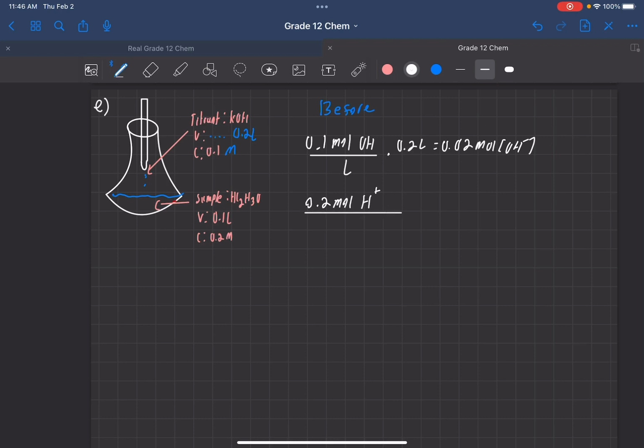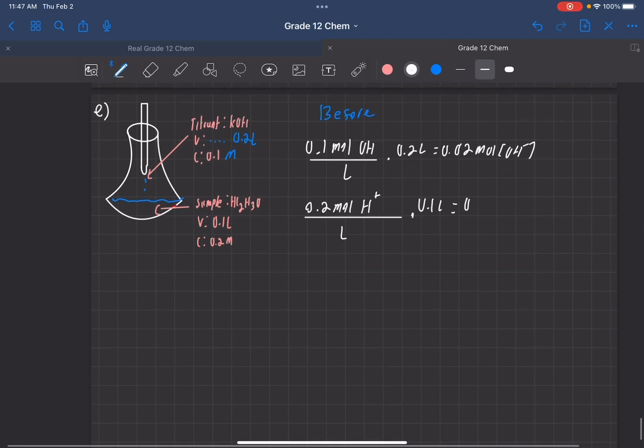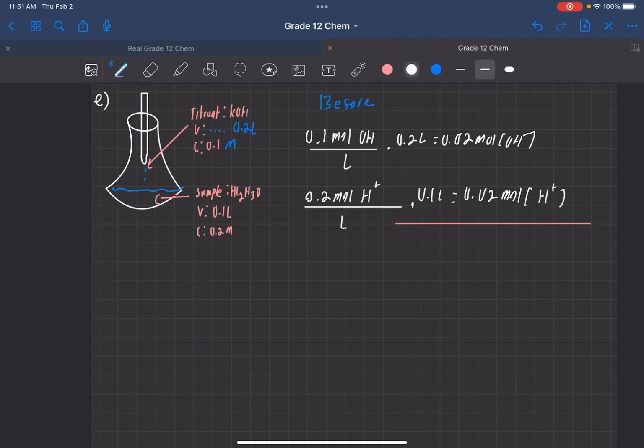Because the 1-to-1 ratio due to Le Chatelier's principle, over 1 liter times 0.1 liters, and we end up getting 0.02 moles of hydronium. Okay, so you may notice that our hydroxide and our hydronium quantities, molar quantities, are equal. So what does that mean?